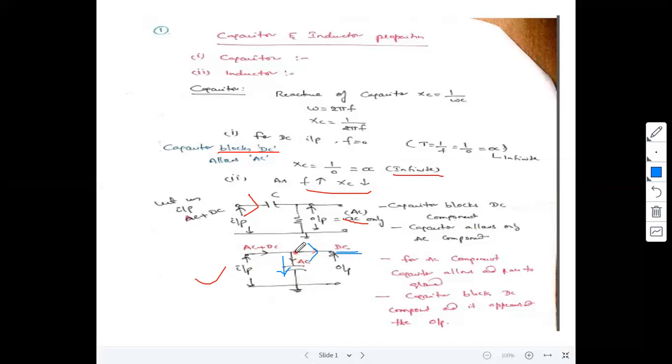All AC components are transmitted to the ground. Remember, the way of connecting the capacitor is also important. Finally, the capacitor blocks the DC and allows the AC component. In series connection, the output contains the AC. In parallel connection, the output contains the DC.